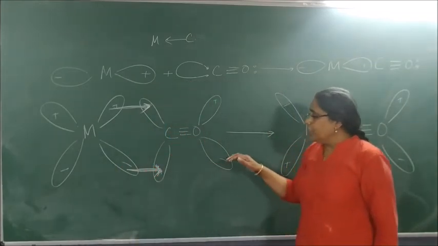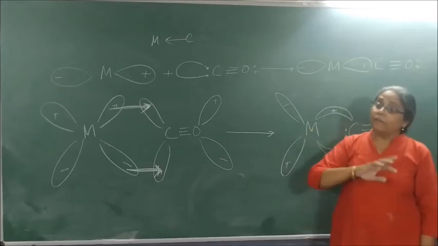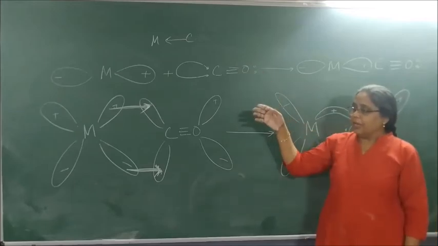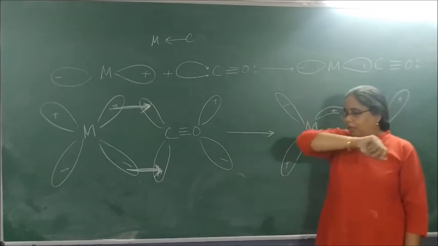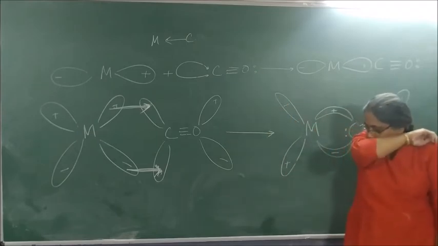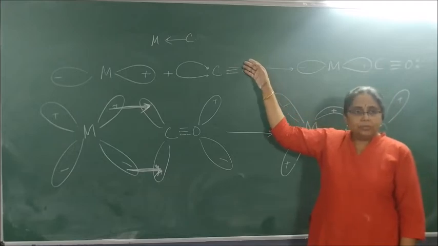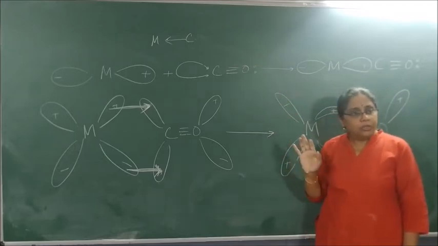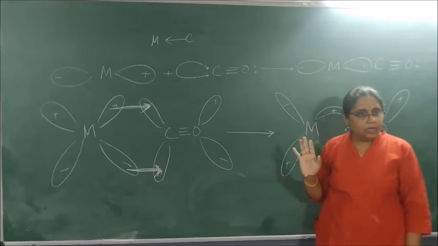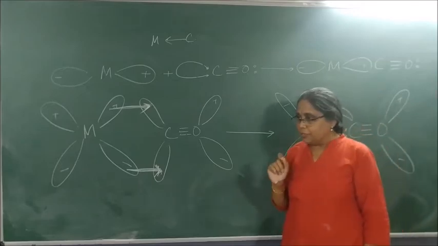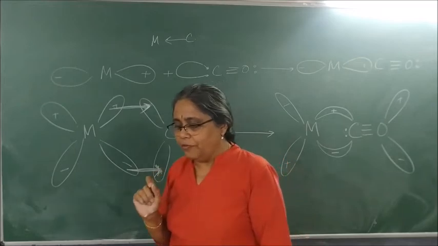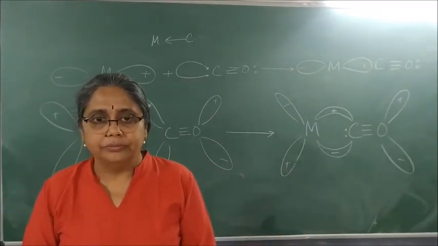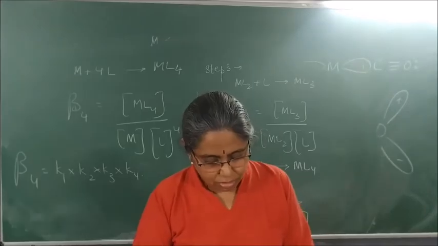So the metal carbonyls have both aspects of the bond, pi aspect as well as sigma aspect, and this gives extra stability to the metal carbonyl. Clear? Now open your textbook and learn the diagrams of all the bonding in all the metal carbonyls given. Please write.